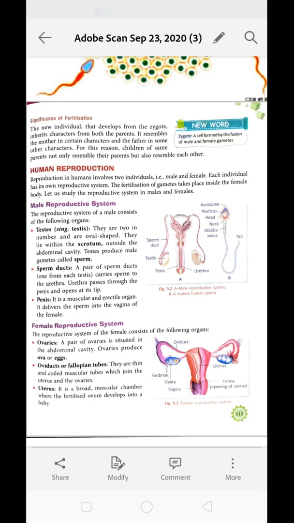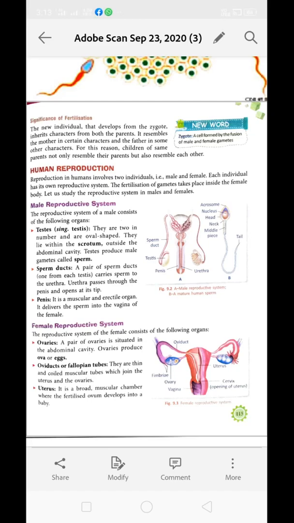As fertilization takes place between the gametes of both parents, the young one that has been formed not only resembles its parents but also somehow resembles its siblings as well. Clear? Now, next is reproduction in humans, or human reproduction.